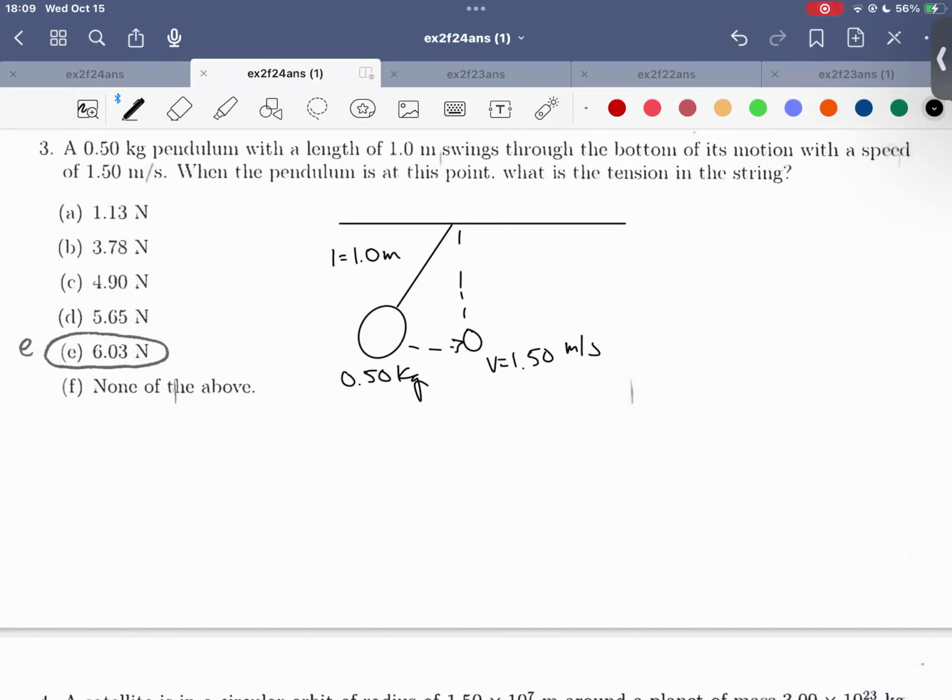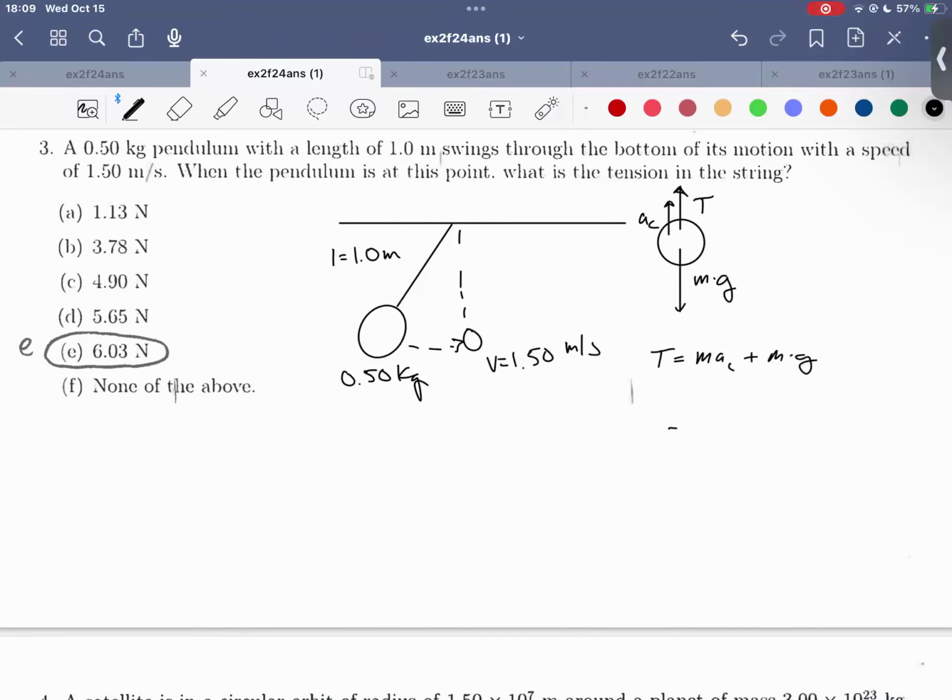So again, if you'll remember, we have our free body diagram. So at the bottom, we're going to be dealing with mass times gravity. And then the tension will be counteracting the mass times gravity, and it'll also be supplying the centripetal acceleration. So from there, we get tension is equal to the centripetal force plus mass times gravity.